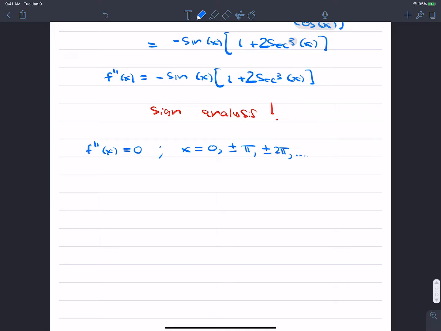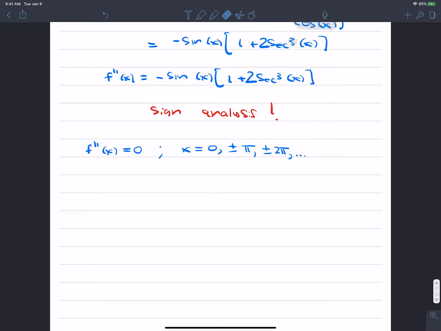That's because you'll find this is where sine is actually 0. And you're going to find that this portion here, the second portion, is never 0. So when you set them equal to 0 as a product, by the zero product rule, you won't get 0 there.